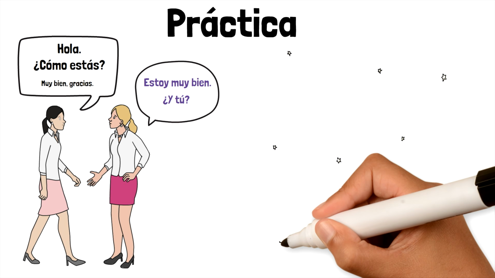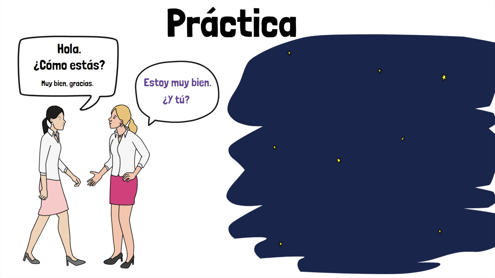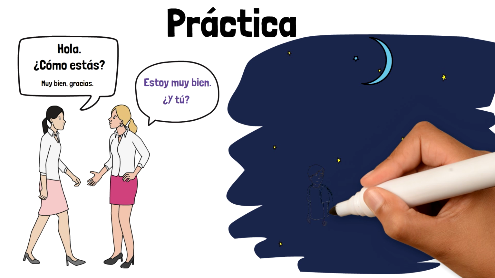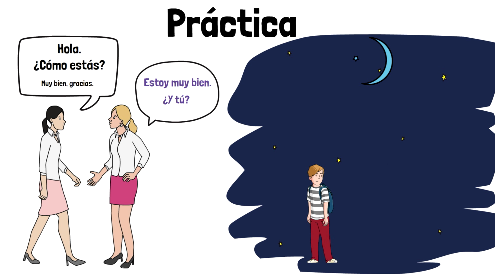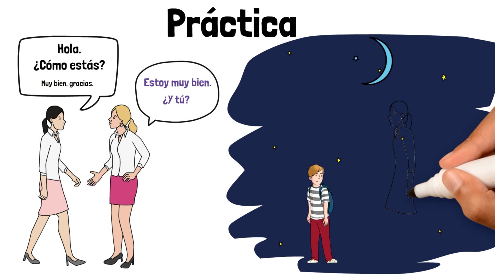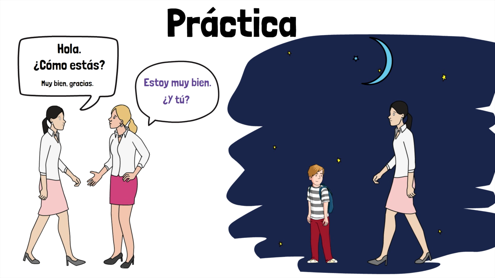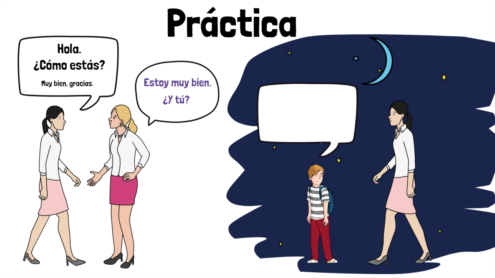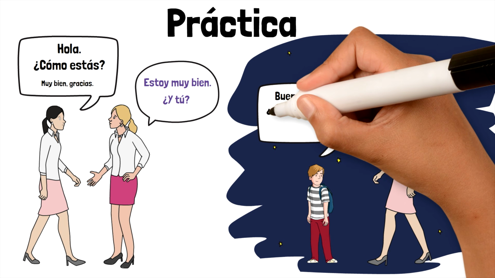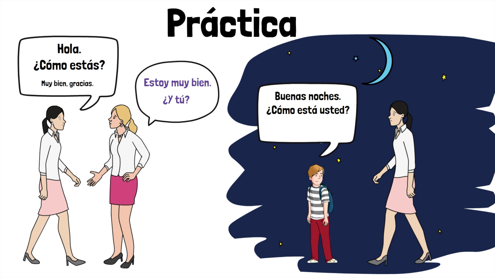Now, let's say it's night. And we have Juanito, a young boy, and Ana, who we met before. Juanito says, Buenas noches. ¿Cómo está usted? He's being formal since Ana is older. Ana responds, Estoy bien. ¿Y tú?